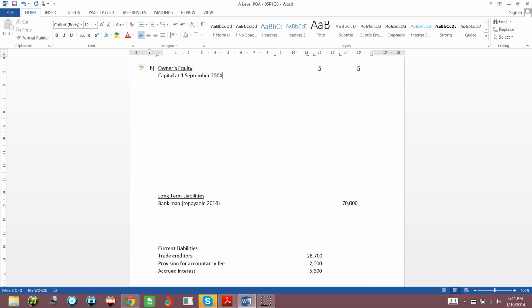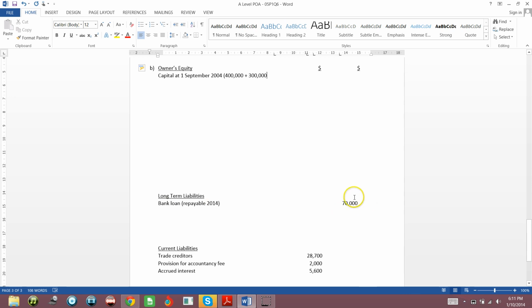Okay, so that means R. Raja actually invested 400,000 of his own money plus 300,000. Okay, 70,000 is not his own money, it's the money that he borrowed from the bank.